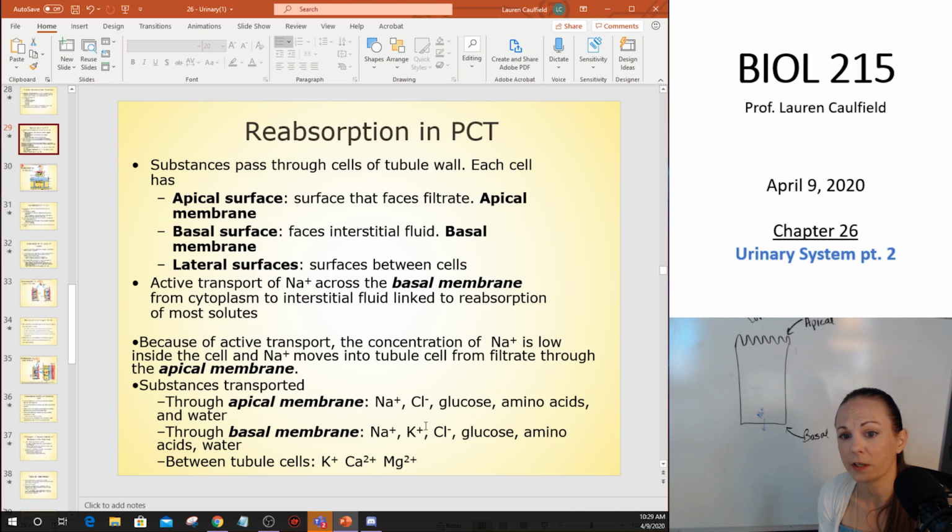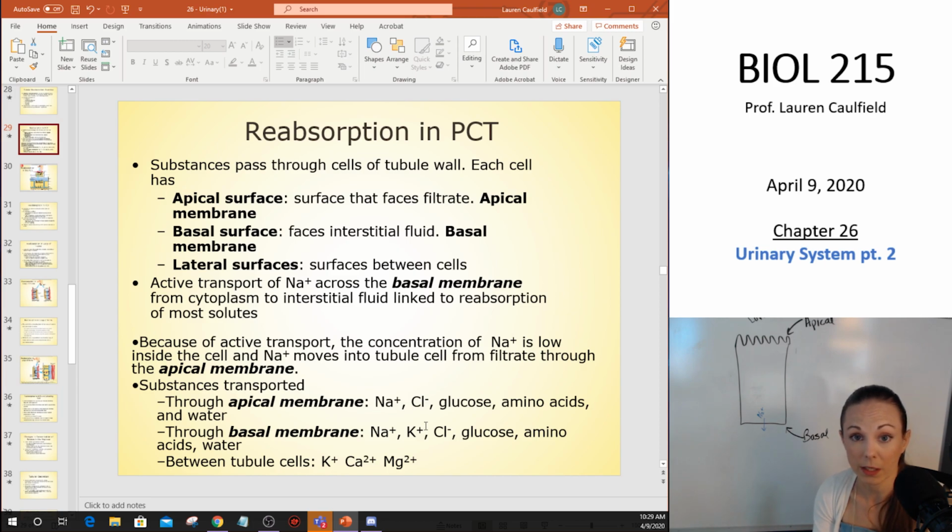In the very first segment of the nephron, after we've made our filtrate, we want to pick things back up that are the most important to our basic functioning. So sodium and chloride, both of those are going to be very important for our nerve function as well as our muscular function, as well as they're just ions that we need for a lot of different functions within the body.